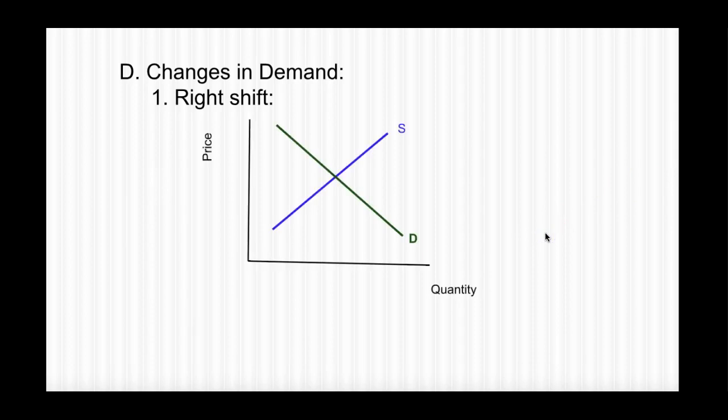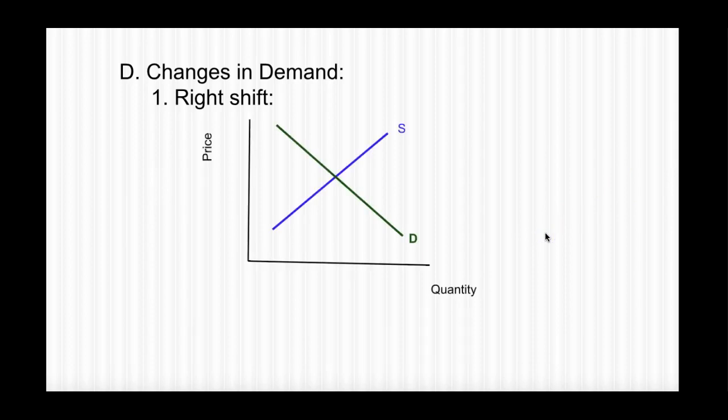Now, I will preface this by telling you, I am going to draw a graph. And you should know by now, when I draw a graph, you should draw a graph. If you have colored pencils or different colored pens, you can do that. If you don't want to, you do not have to. So first off, we're going to start with our basic supply and demand curve.